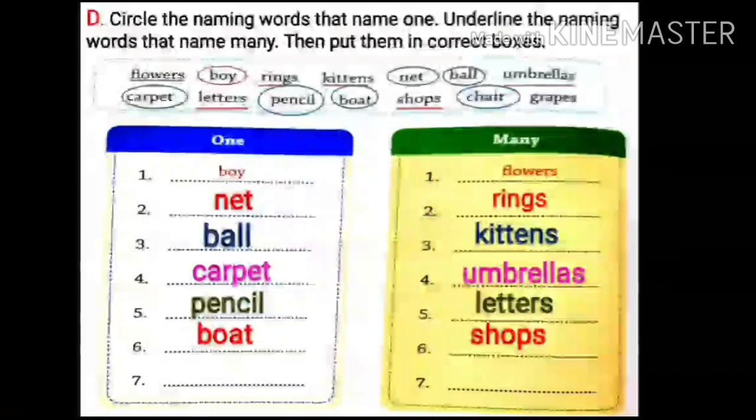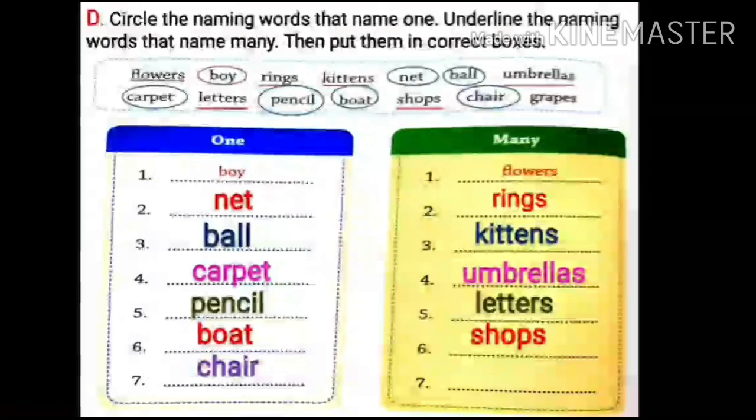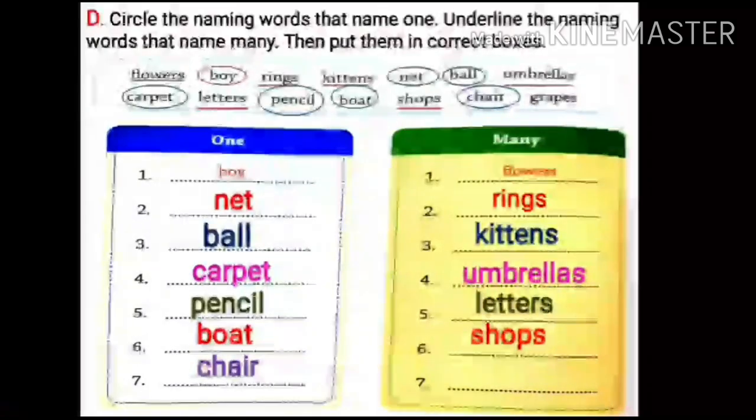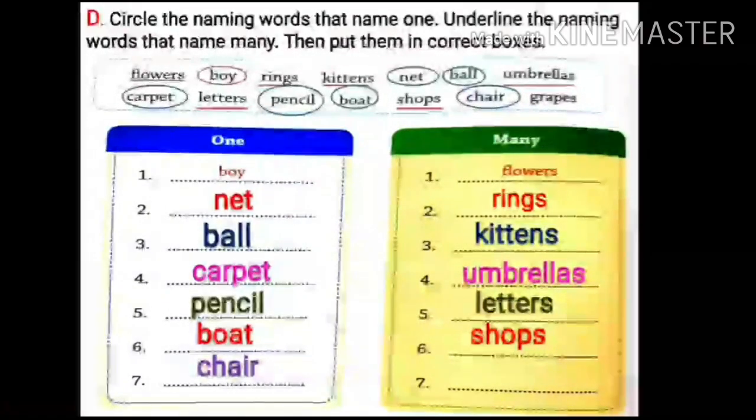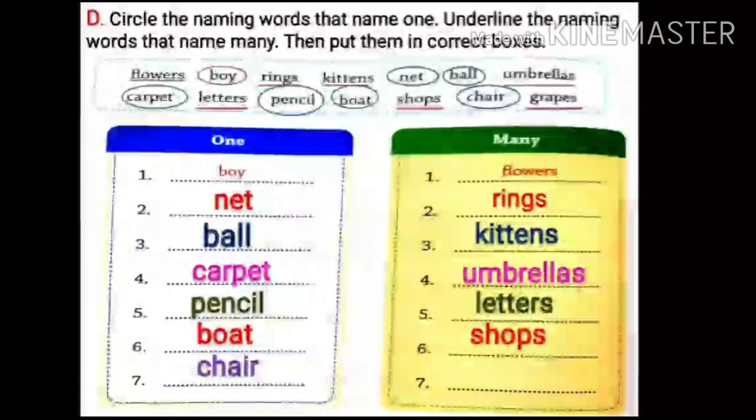So circle this word and write down in first column. C-H-A-I-R, chair. And the last word is grapes. There are many grapes. So underline this word and write it down in many column.